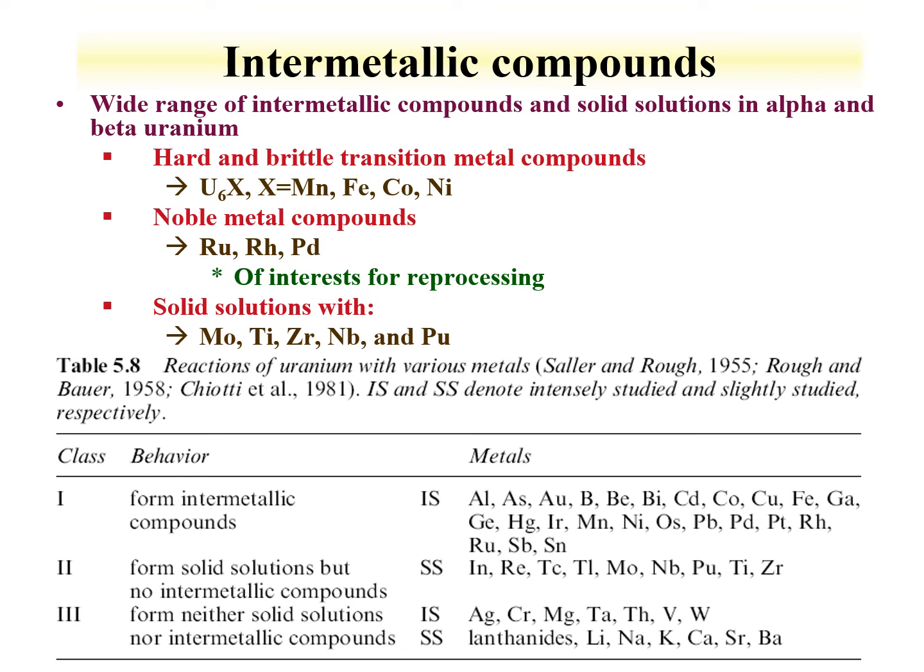Here's a table that says what metals form those compounds. Intermetallics are formed with all these metals. Solid solutions tend to be formed with these metals. And phases that separate tend to be formed with these metals. So for instance, in metallic fuel, the lanthanides shown here, as they're being produced, will phase separate and form different phases in uranium metal.